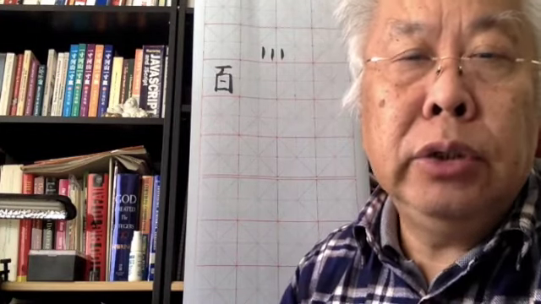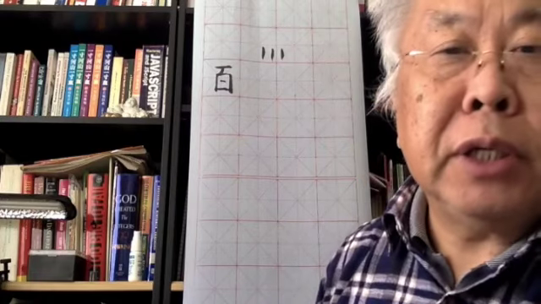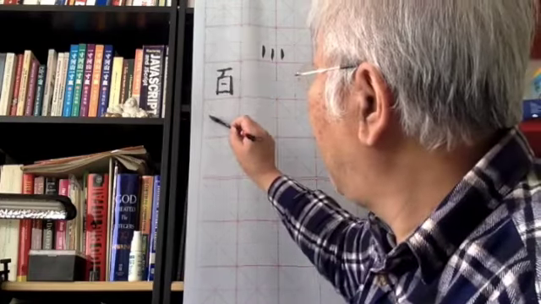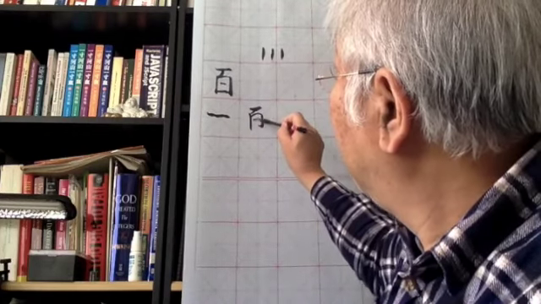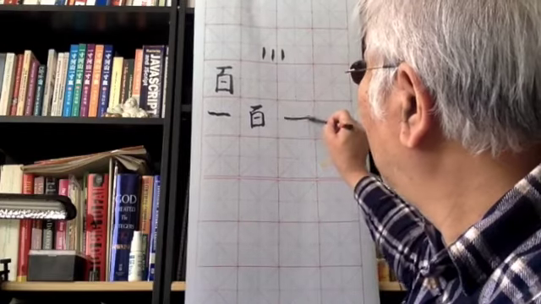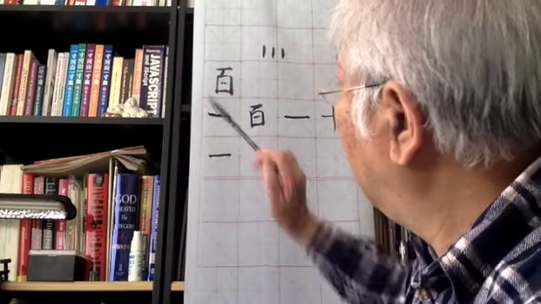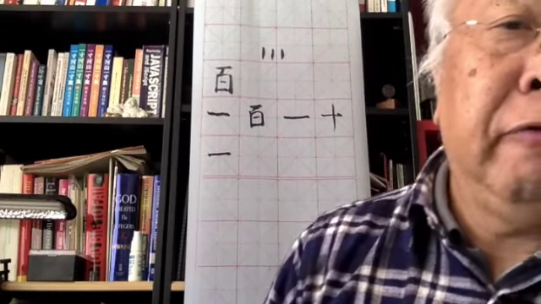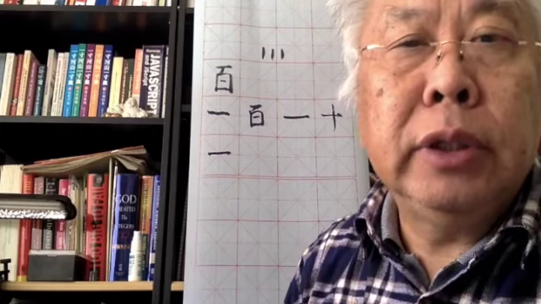So in 111, the way to express it is 100, 1, 10, 1. So these 5 characters combined together represent 111.